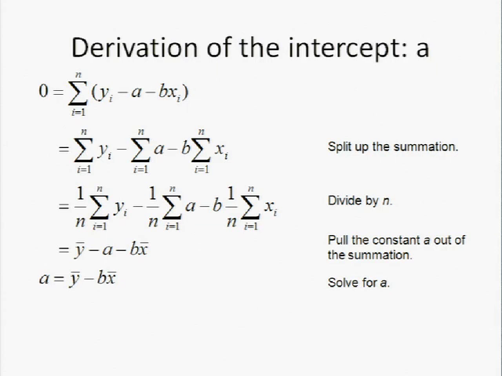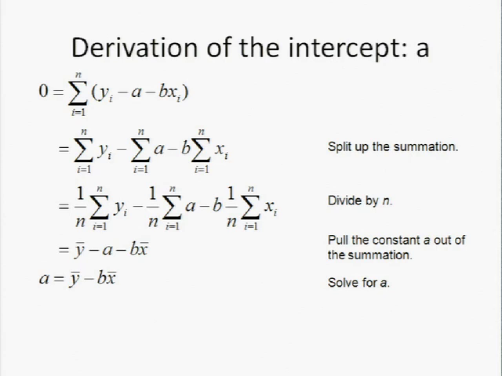Now, what is the sum of y over n equal to? Average. That's y bar. The sum of x over n is just x bar, so that's b x bar. Now let's look at the middle term. What is the sum of a constant? The sum of a constant is just n times that constant.